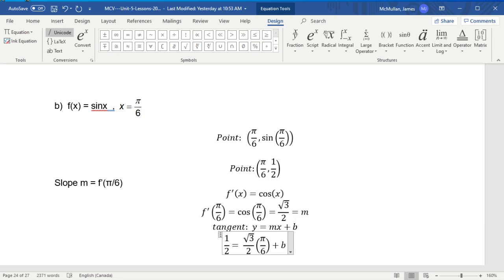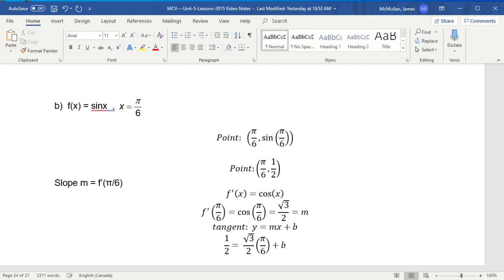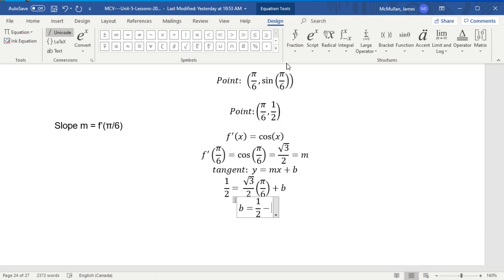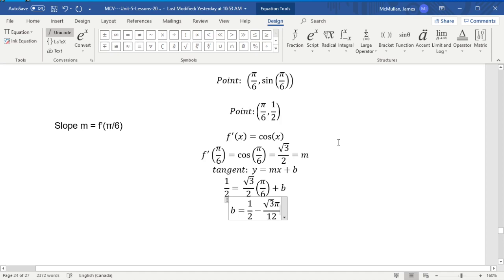We don't know b, right? So let's isolate b. So b equals 1/2 minus root 3 pi over 12, right? Just make sure we understand that. So I did root 3 times pi on the top, 2 times 6 on the bottom, and then just shifted it over to the other side.